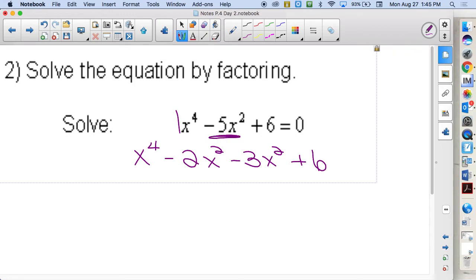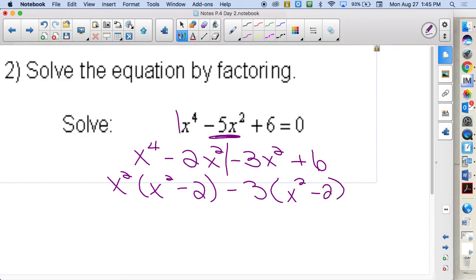That's how you account for the x squared part. And then Grace, what would we take out of the front pair? X squared. And then the second pair? So pulling them together, we have x squared minus 3 and x squared minus 2. And that's equal to 0.